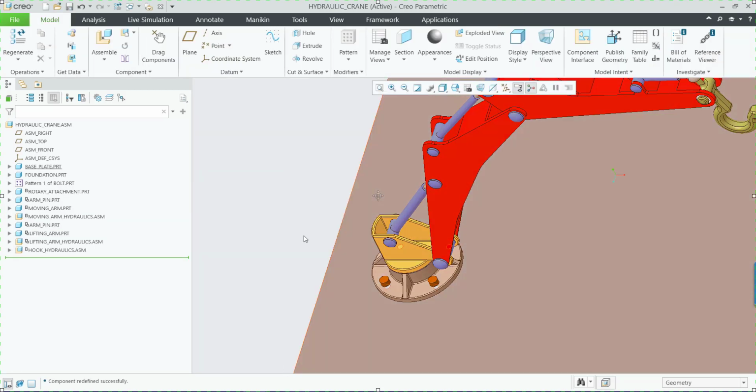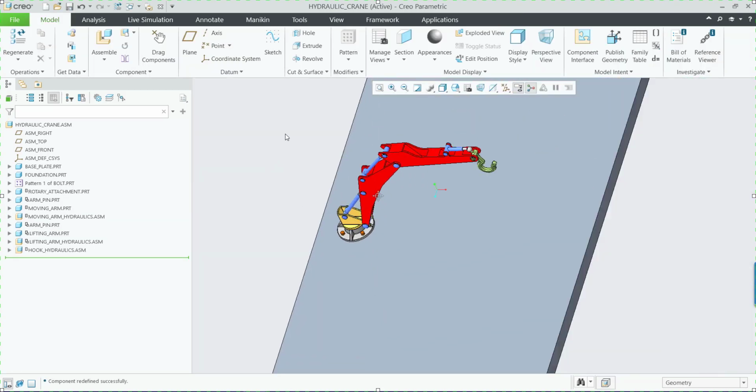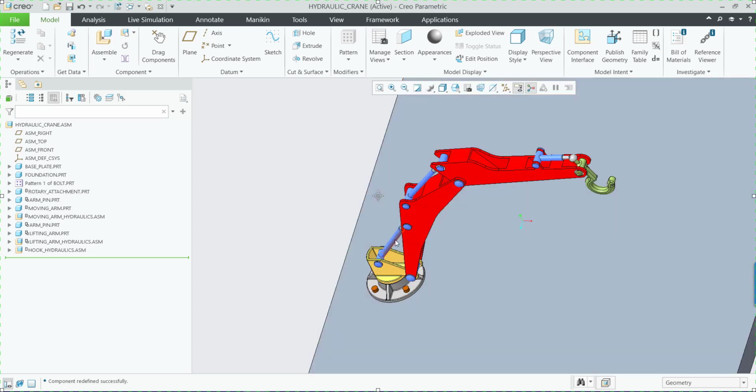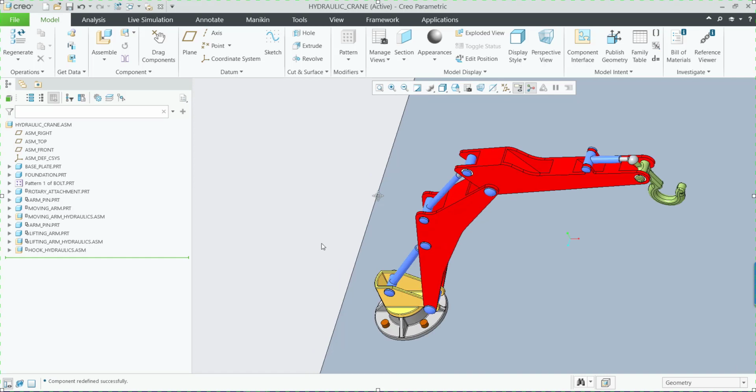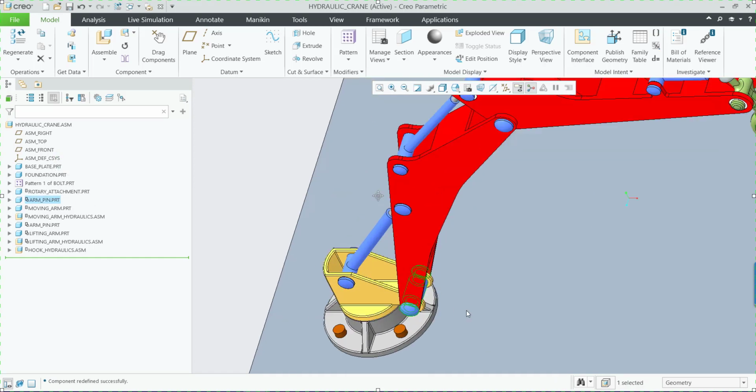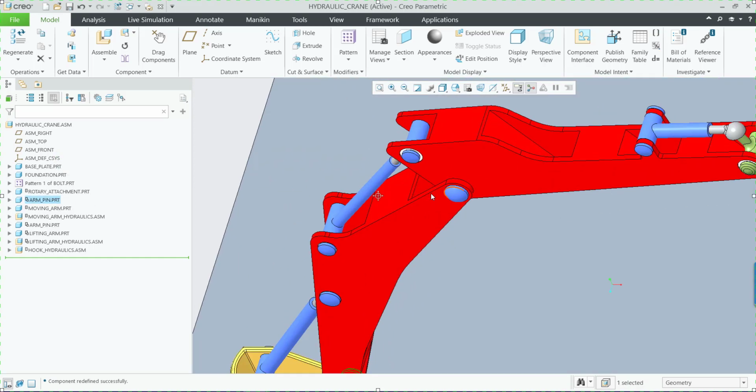So here now what happens, that same kind of piston cylinder arrangement is available over here and over here. Also the arm pin what we have seen over here, the same arm pin I am having over here also.